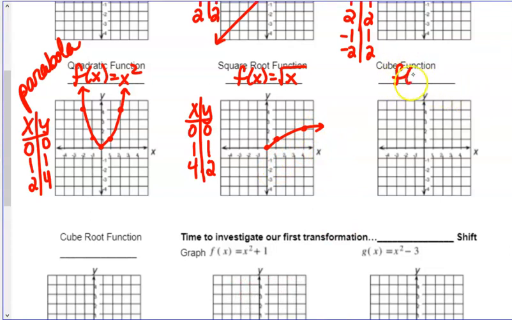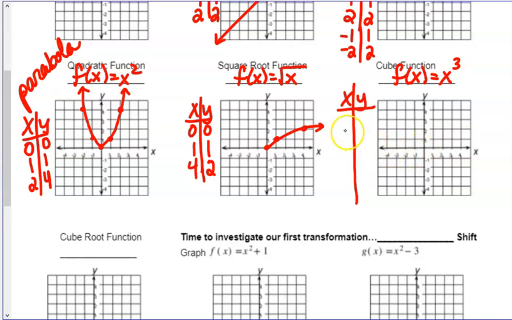All right, f of x is equal to x to the third power for our cube function. For that table, it is different when we talk about even and oddness at the end of this section. You'll see over the origin symmetry what we have.